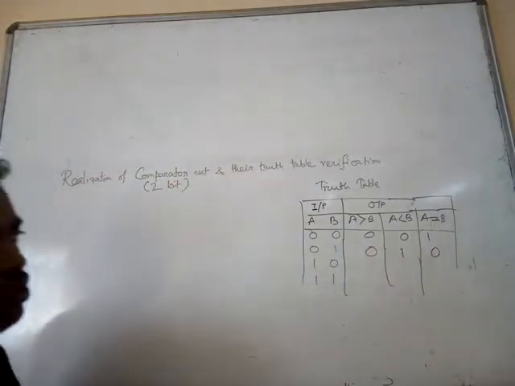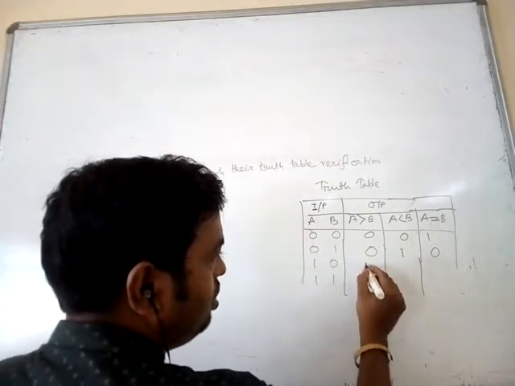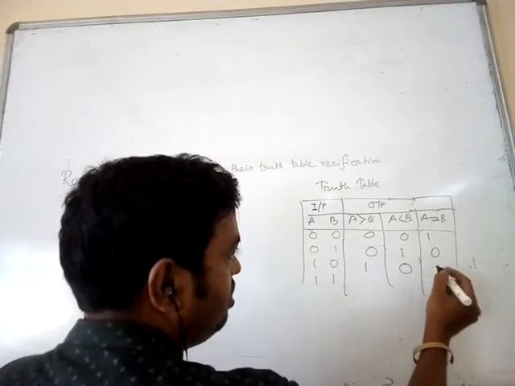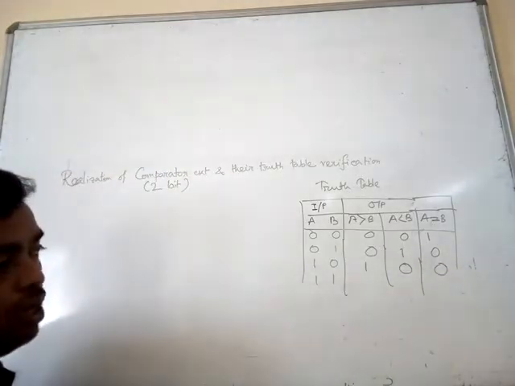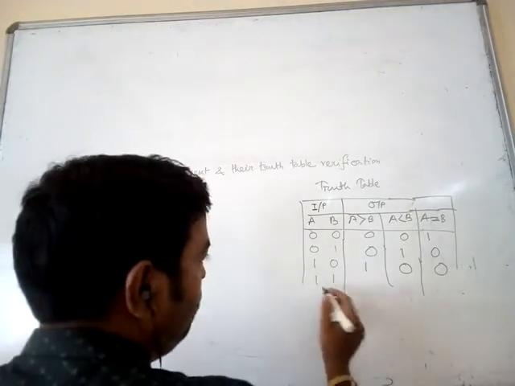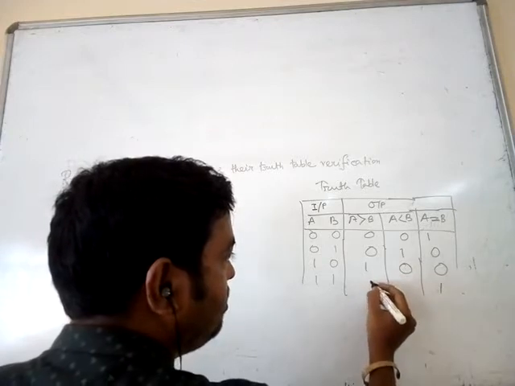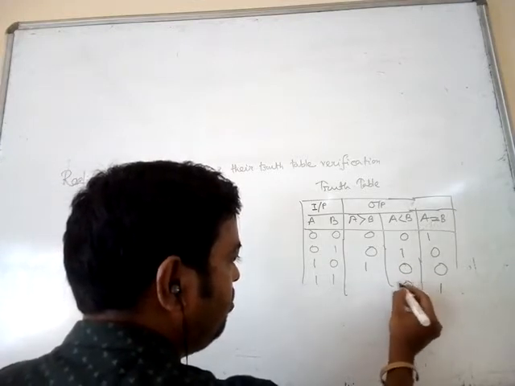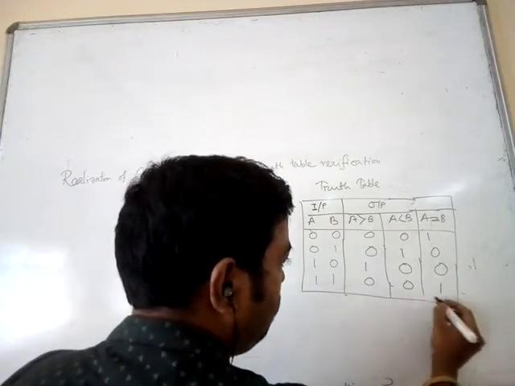Next for 1 0, 1 is greater than 0, so A greater than B is 1, A less than B is 0, A equals to B is also 0. And for 1 1, both are equal, so A equals to B is 1, and A less than B and A greater than B are both 0. So this is the truth table of 2-bit comparator.